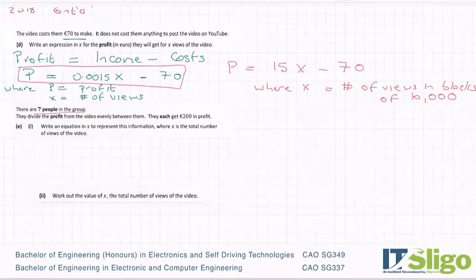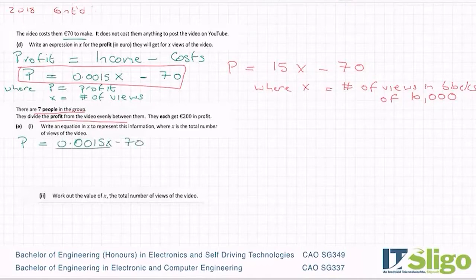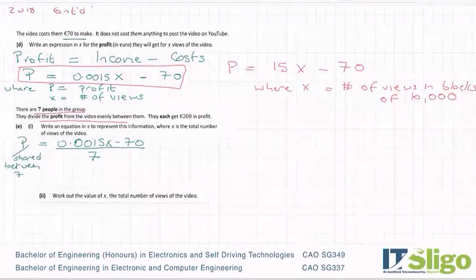There's 7 people in the group and they divide the profit evenly among them. Okay, so if that's my profit, 0.0015x minus 70, well, if they're going to divide that profit between 7, so shared between 7, and they each get 200.